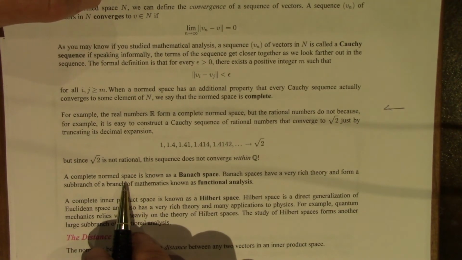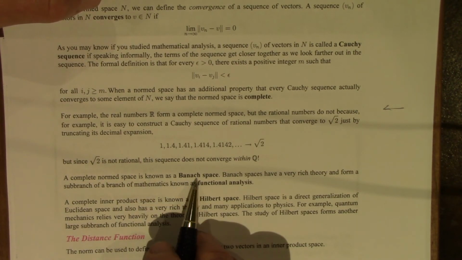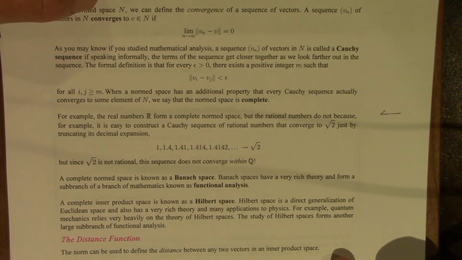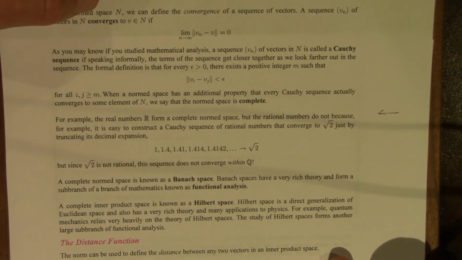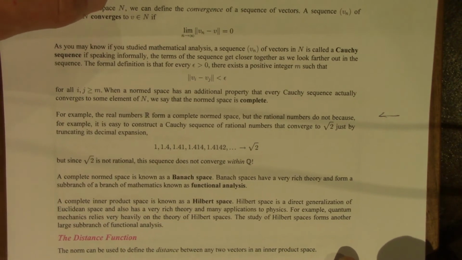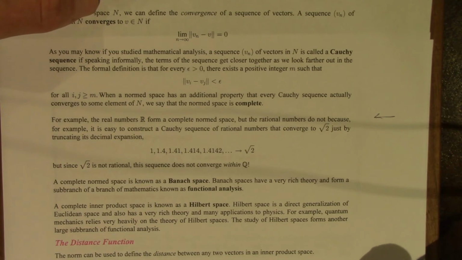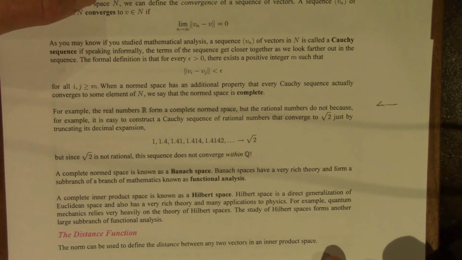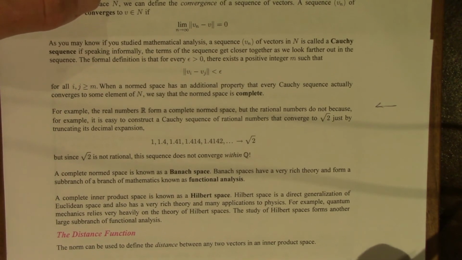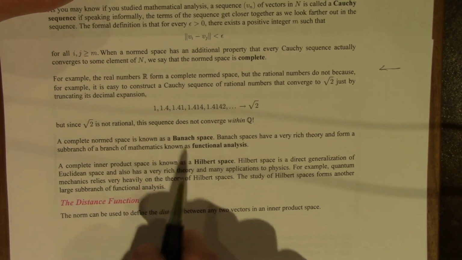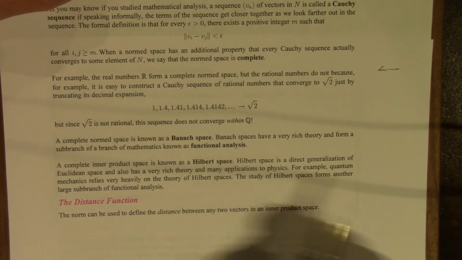A complete normed space is called a Banach space, and Banach spaces have a very rich theory. Whole courses, whole books, mathematicians can specialize in Banach space theory, and it forms a very important branch. It's a sub-branch of an important branch of mathematics called functional analysis. A complete inner product space is called a Hilbert space.